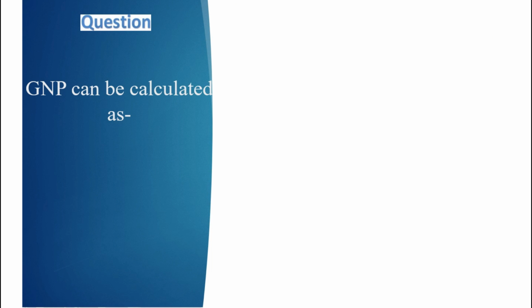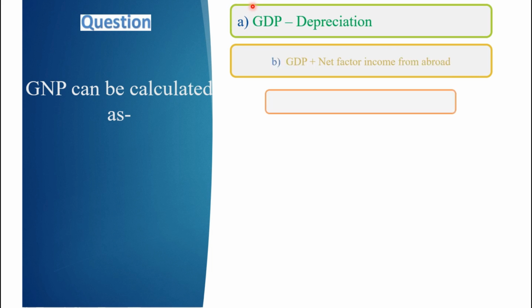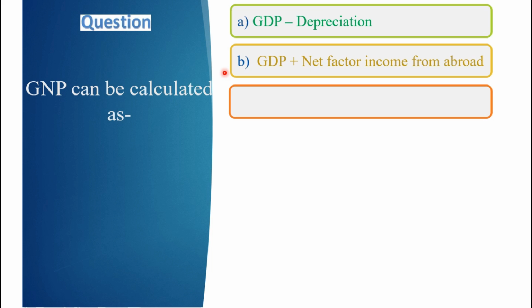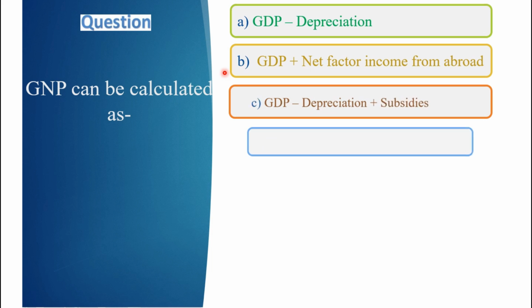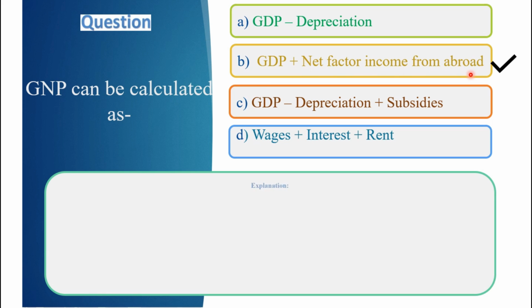Our next question is GNP can be calculated as option number 1 GDP minus depreciation, option number 2 GDP plus net factor income from abroad, option number 3 is GDP minus depreciation plus subsidies, or option number 4 is wages plus interest plus rent. And the correct answer for this question is option number 2 GDP plus net factor income from abroad.